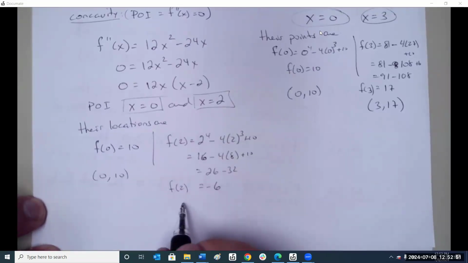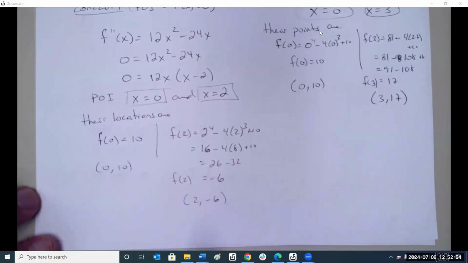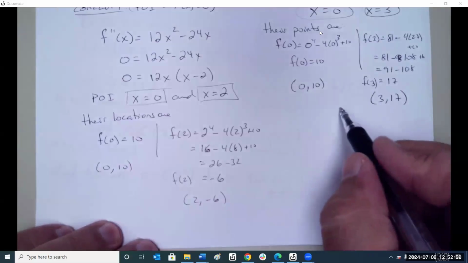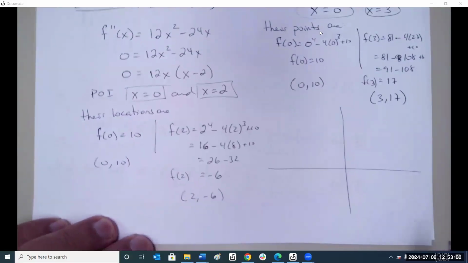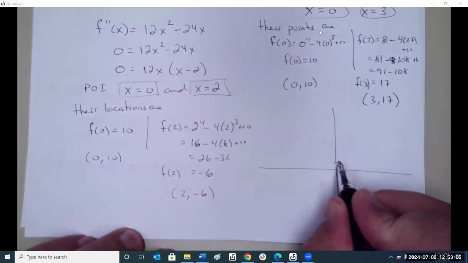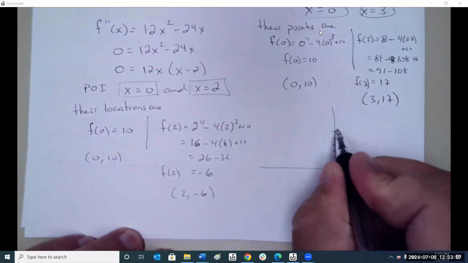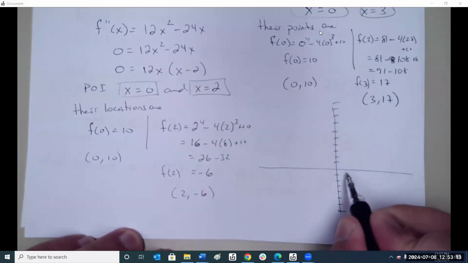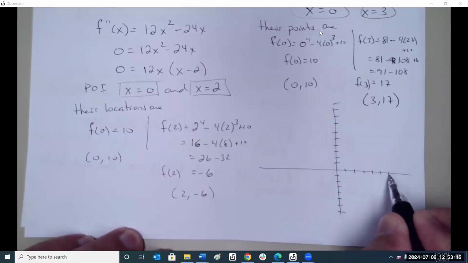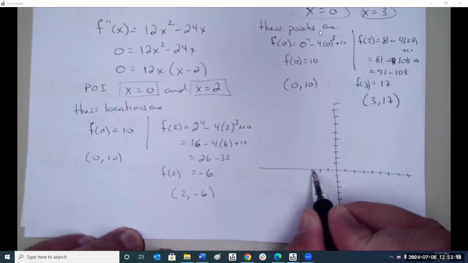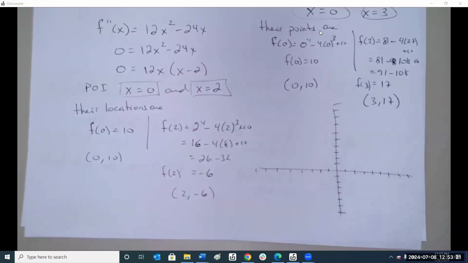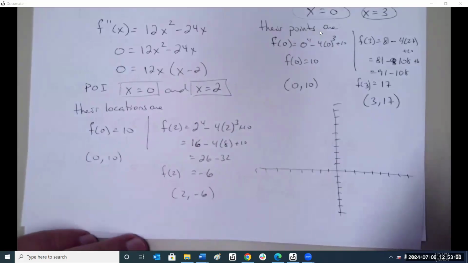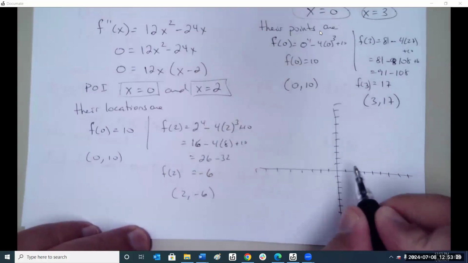So 0, 10 and 2, negative 6. So it's taking values and putting them back in the original function. To find the points of the graph, we have to use f of x. And the first derivative and second derivative tell us the x values of where those occur. So we have a vertex at 0, 10.